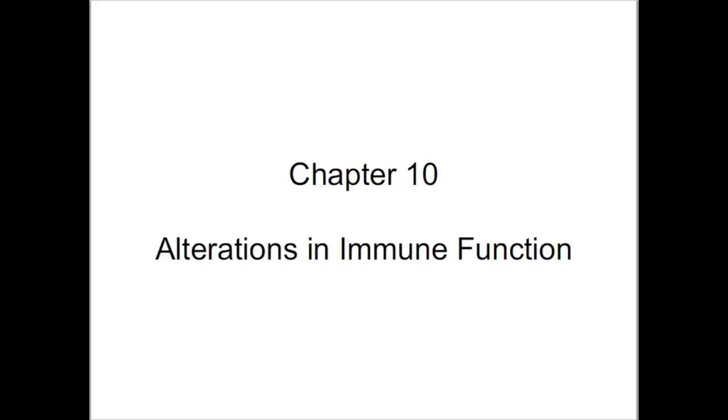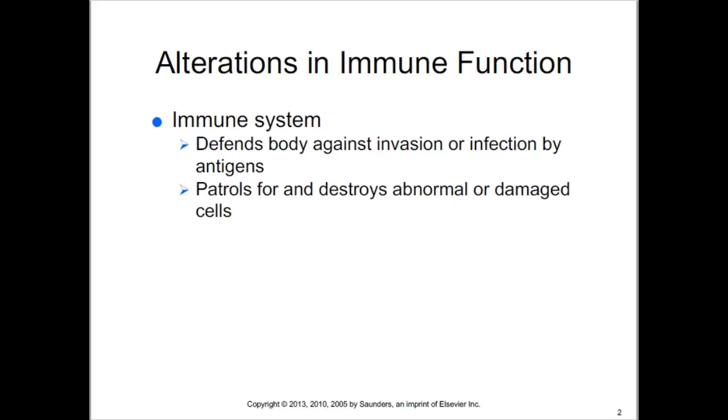Those are also going to be pretty critical to understanding autoimmunity, which is part of our immune function alterations here in chapter 10. So that's just some stuff that you should definitely make sure you review before you get into this chapter.